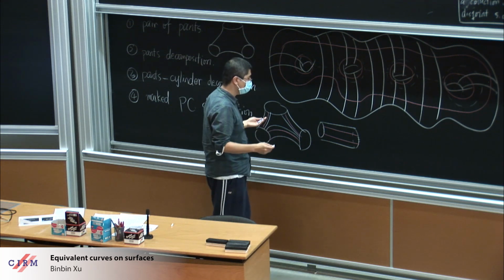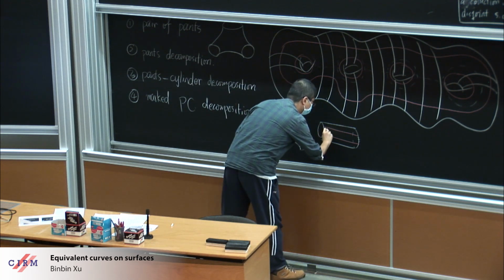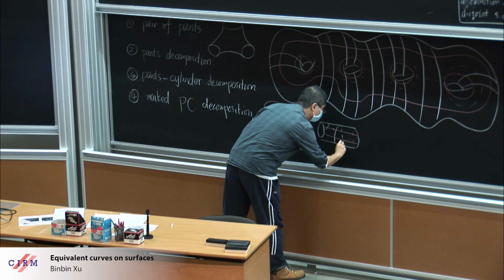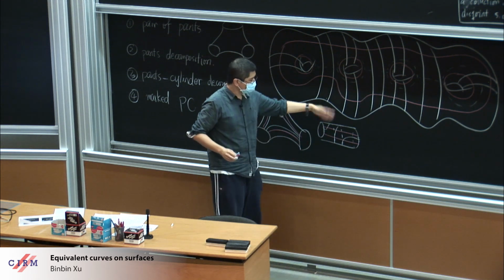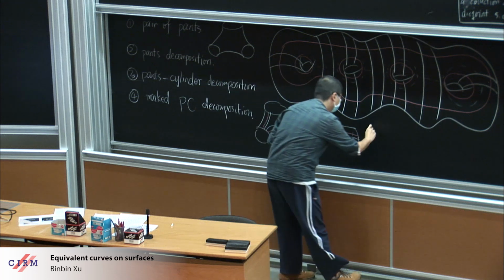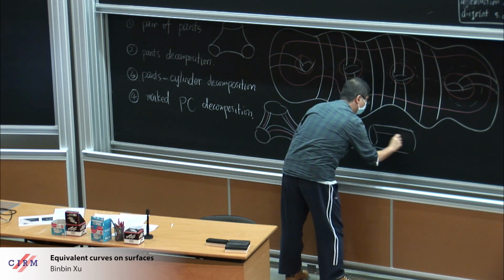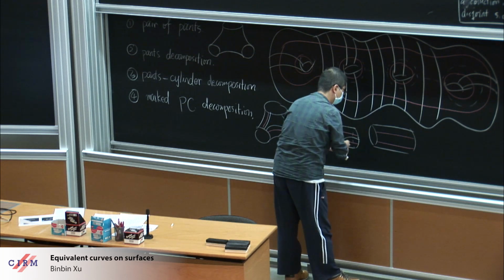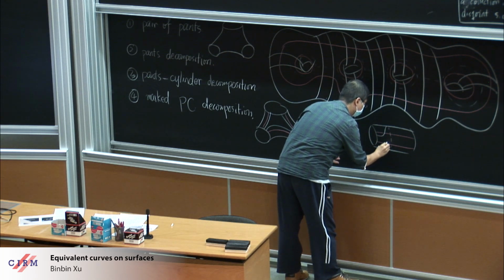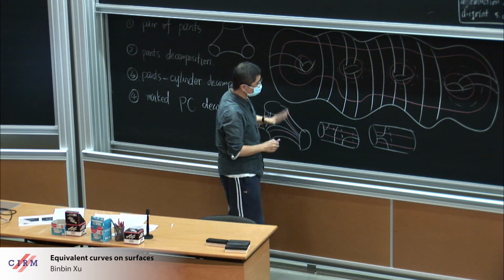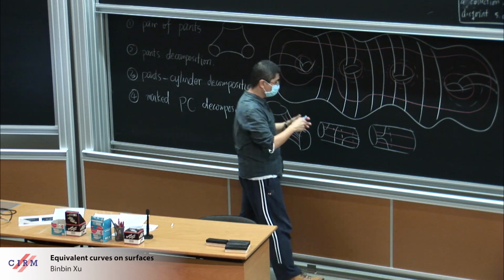First, you may have some arcs winding around several times, or you may have something that looks like this, coming from one side and then coming back.